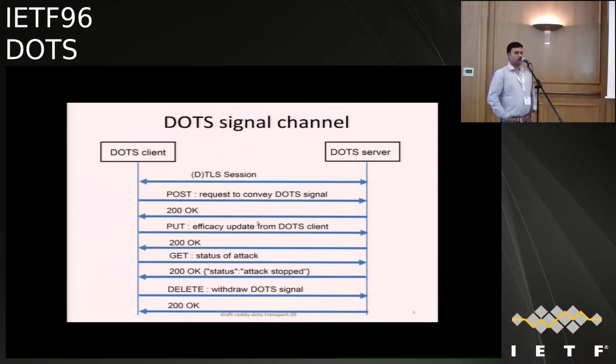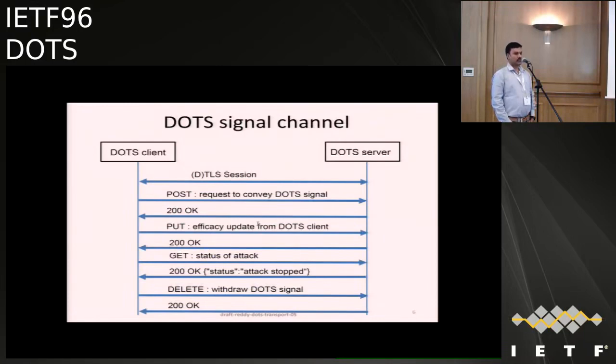Or else it can piggyback both the ACK and the 200 OK response to the client, saying it has received and it's processing the DOTS signal for initiating a DDoS mitigation. The 200 OK would also be signaled as a confirmable message so that the server would get an ACK from the client on whether it has received the message or not. In case the server has not received the ACK, it would keep retransmitting the 200 OK.